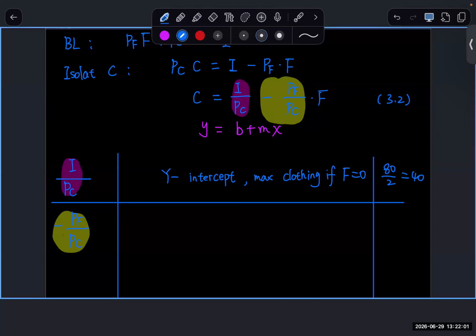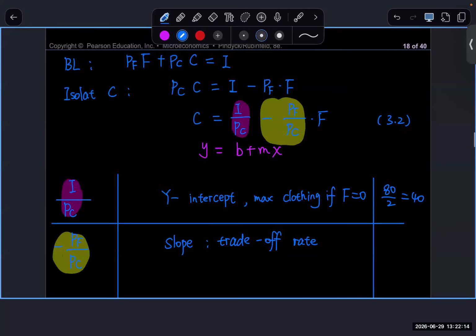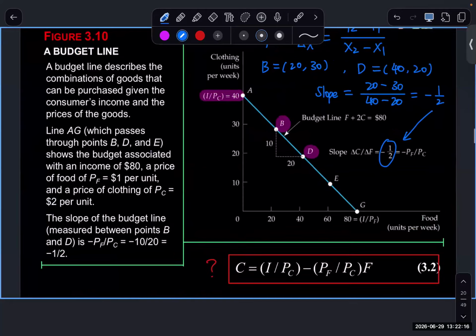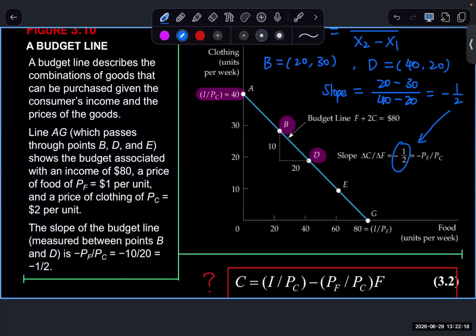So this is the slope, which means trade-off rate. In our example, what is the slope? What is the trade rate? It's negative 1/2, right? It's here.